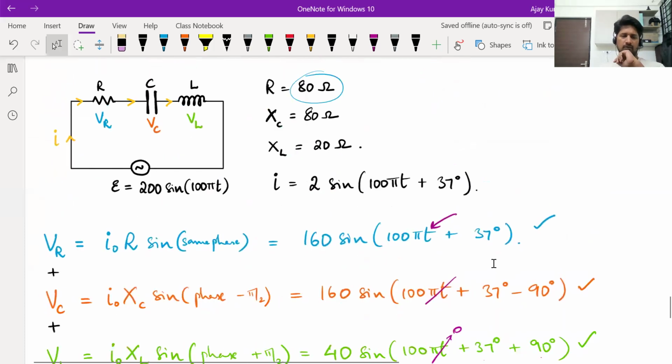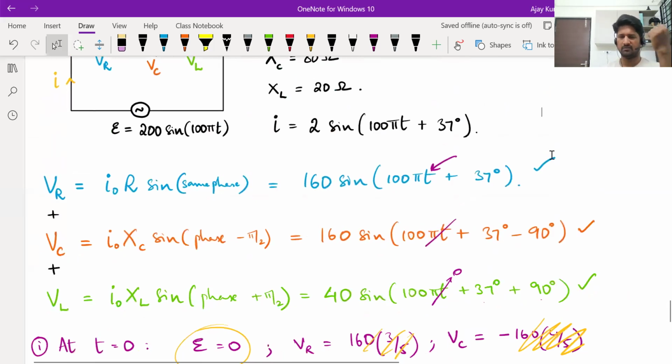Okay. So based on the current function, we are able to tell the individual voltages across the resistor, capacitor, and inductor at any time. Good thing. If you can tell the individual voltages, you can tell the RMS voltages. If you have the individual voltage function, the RMS voltage function is not very difficult.